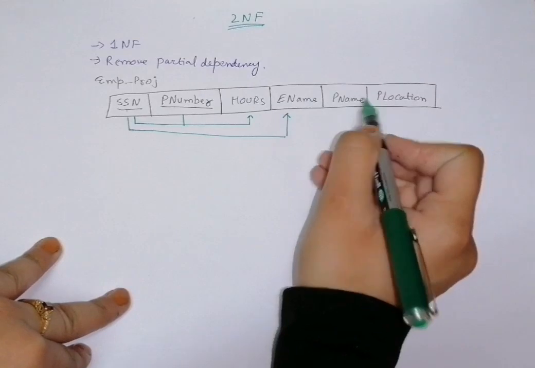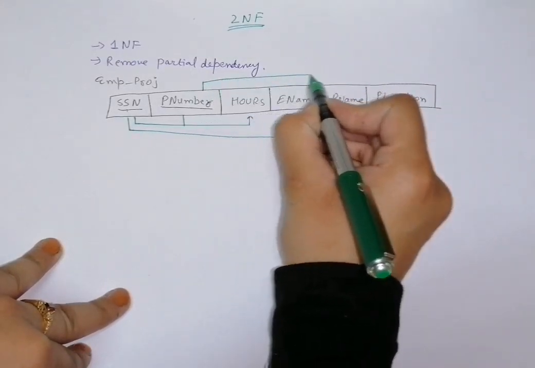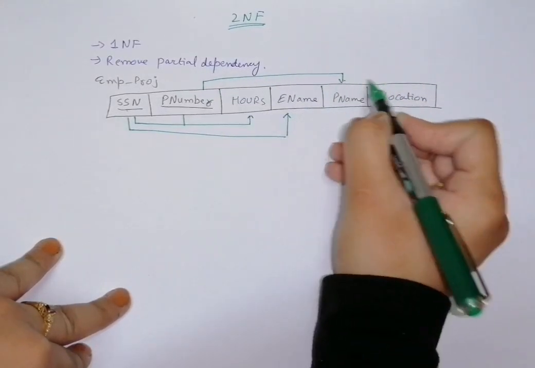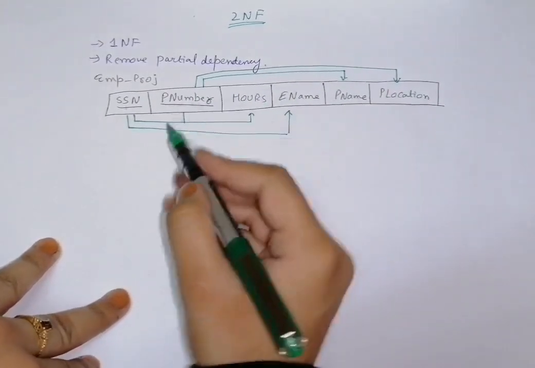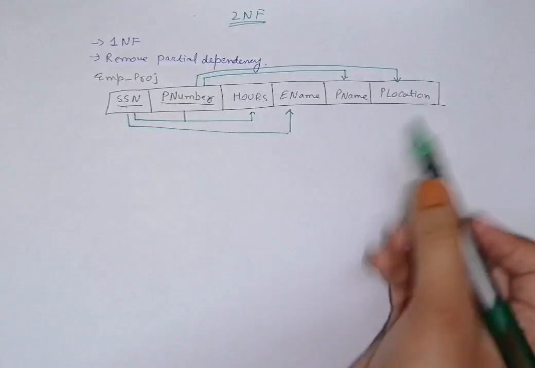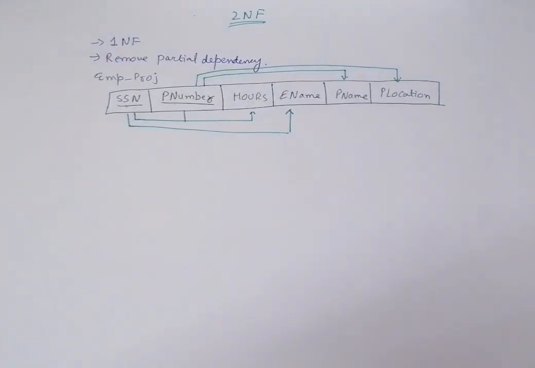Similarly, P name and P location are the two attributes that demand this part of the primary key, P number, in order to be uniquely identified. So you have seen that I have different types of dependencies, partial dependencies and functional dependencies.